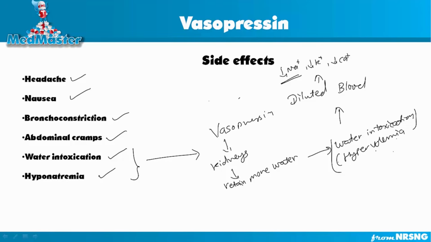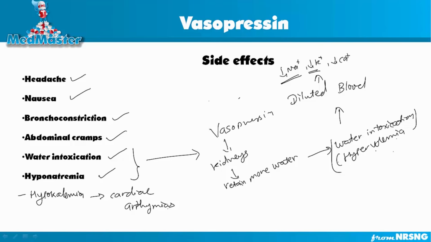What are the symptoms of hyponatremia? Mostly nervous system changes, like level of consciousness changes, dizziness, confusion, and so forth. If they have hypokalemia, they'll have cardiac changes, cardiac arrhythmias.